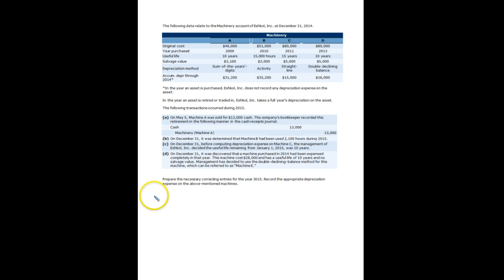We really should, like in A, if we think about it, cash is going to come in for $13,000, so they did that right. But we also want to remove, right, if this is a sale, we want to remove book value. So that's going to include debiting accumulated depreciation and then crediting the machine account for cost. And then we'll compare this book value with cash, and either we'll have a gain or a loss. Okay, so we can see they didn't record that correctly, so we need to go back and figure out what we need to do.